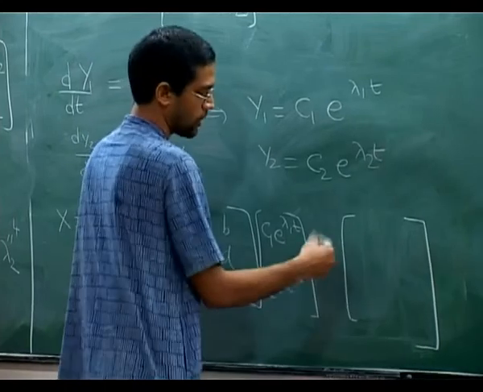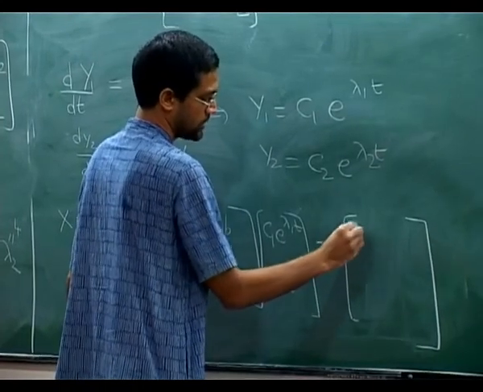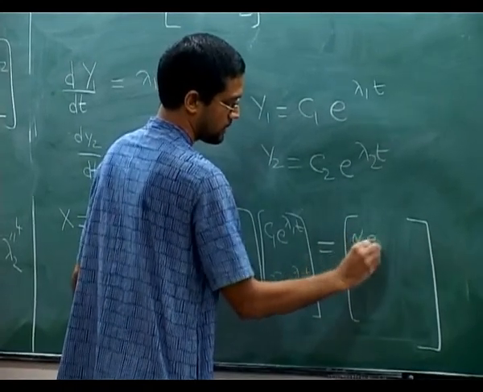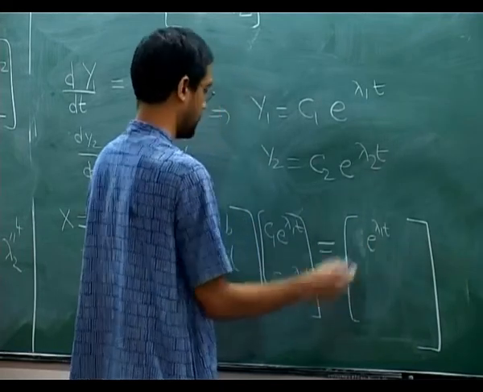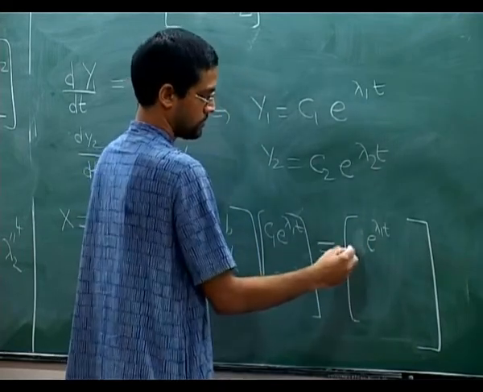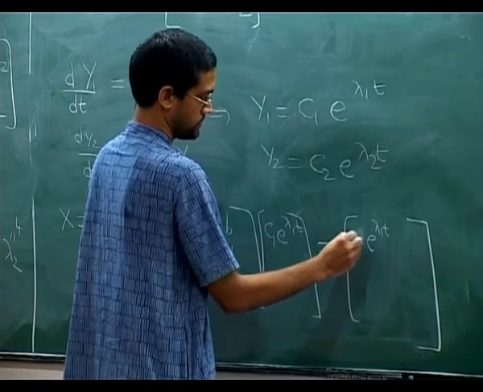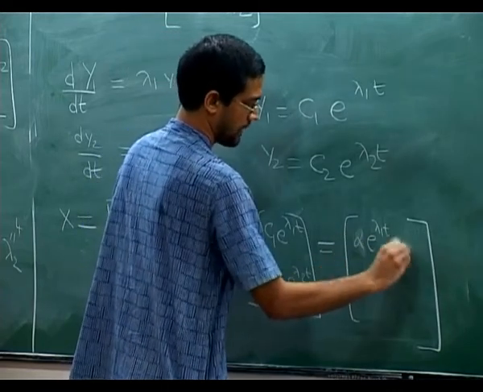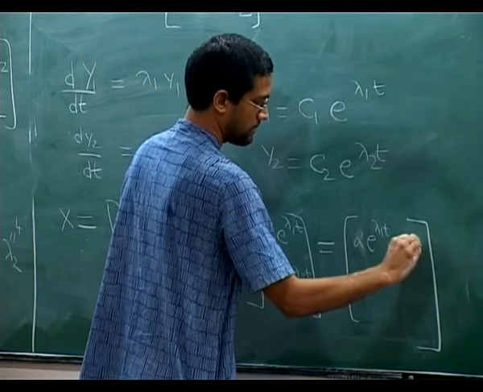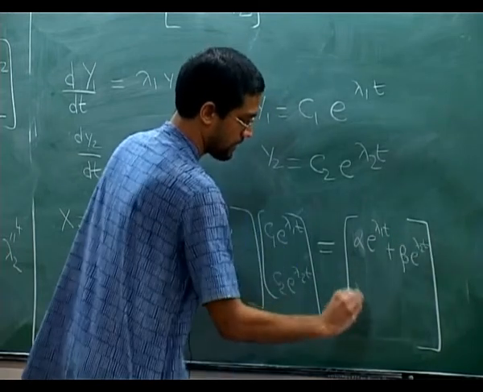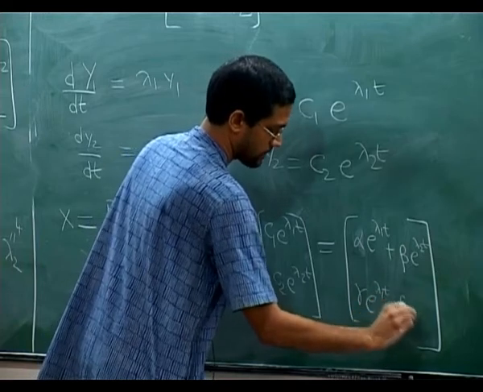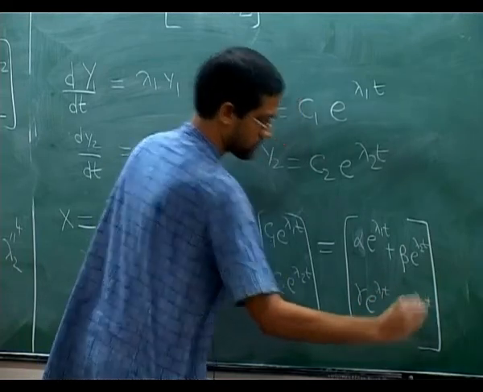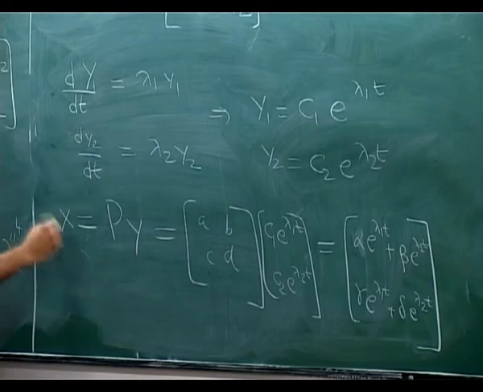So in general, you should always think of it as follows. Let me call it alpha e to the lambda 1 t plus beta e to the lambda 2 t, gamma e to the lambda 1 t plus some delta e to the lambda 2 t. So that is your x1, x2.